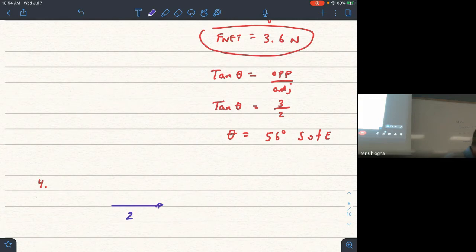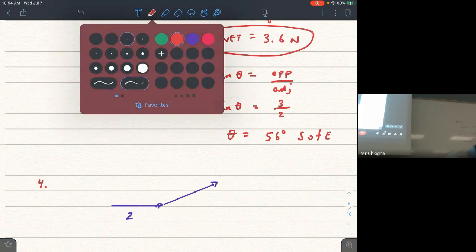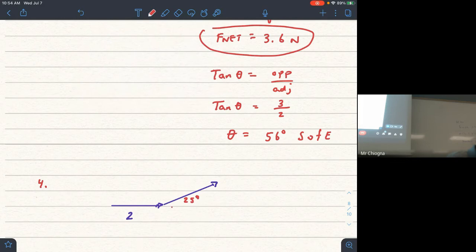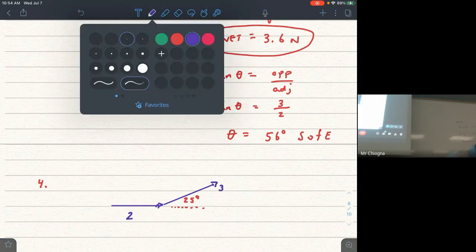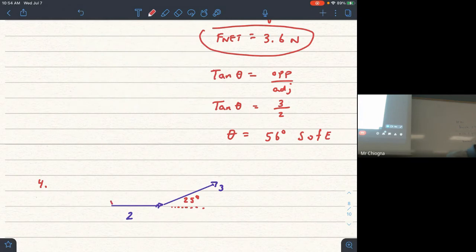And then we have a 3 Newton vector north of east. Okay, the resultant is drawn from the tail of the first to the tip of the last. That's my F net.